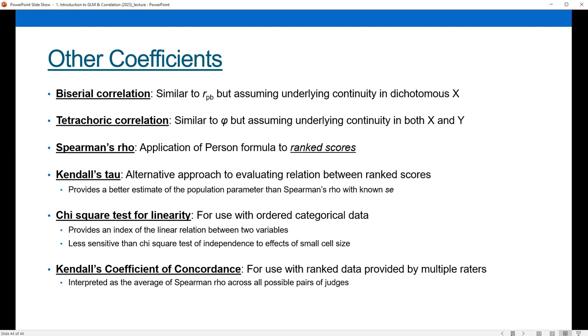It's a little bit better estimate than Spearman's rho and has a known standard error that's helpful. We've also got chi-squared tests of linearity with ordered categorical data. We've got a Kendall coefficient, which is used if we're using ranked data and having people rank these, okay?